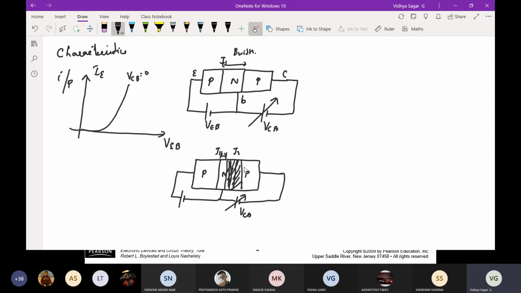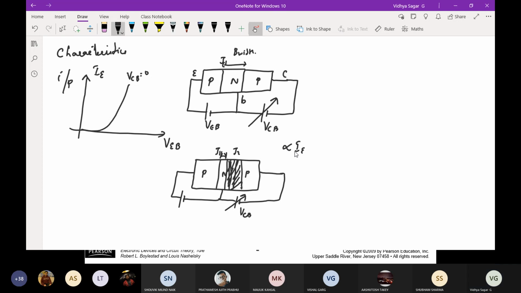Clear? So if the base width is reduced, will the possibility of recombination increase or decrease? Decrease. Fine. Why? Because the charge carriers are neutralized. So here the chances of getting recombined decrease. So what happens to your current? IE current. Previously it was alpha times IE, right?